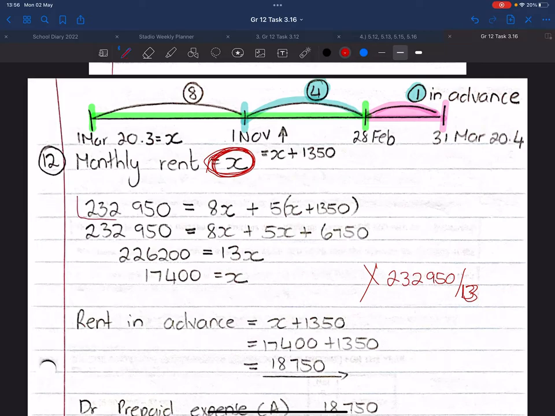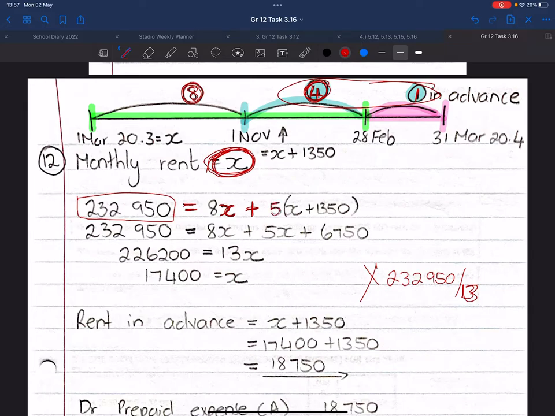So the total monthly rent amount should be equal to 8 months times the monthly rent amount, plus the 5 months, so the 4 months in our financial year that included the increase, plus the 1 month that was paid in advance.